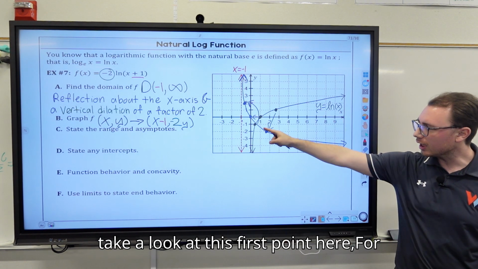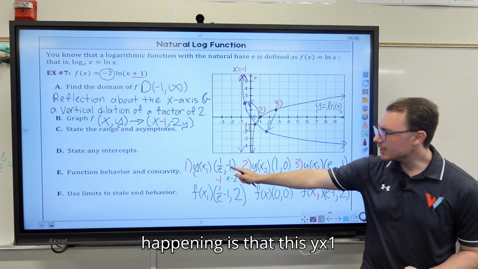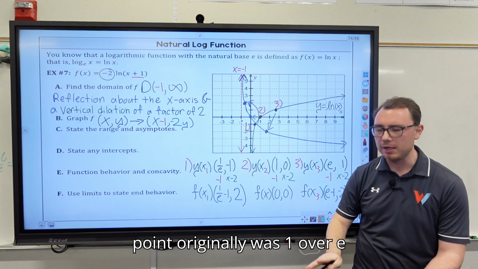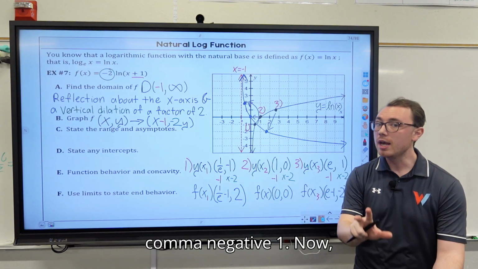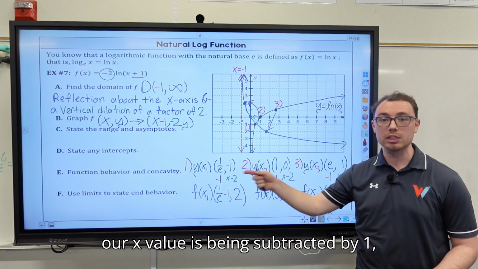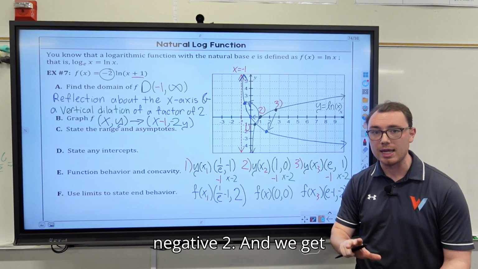Specifically, if we take a look at this first point, it originally was 1 over e comma negative 1. Now our x value is being subtracted by 1, and our y value is being multiplied by negative 2.